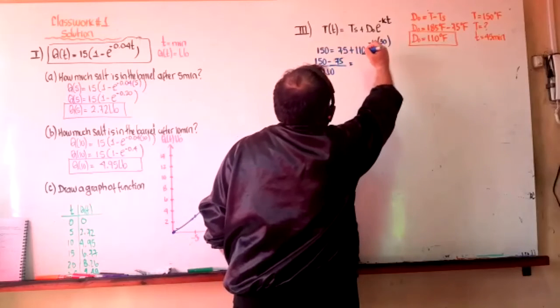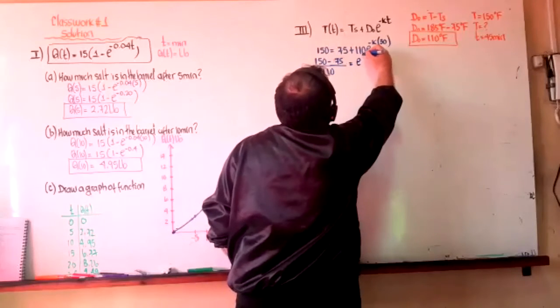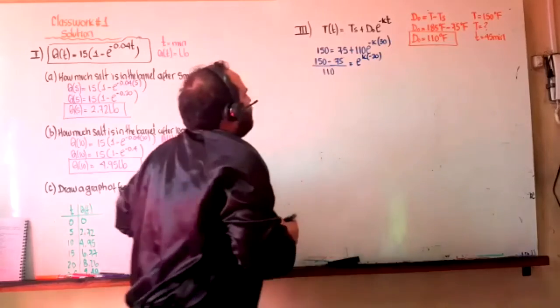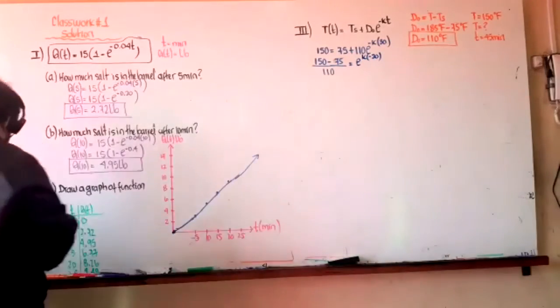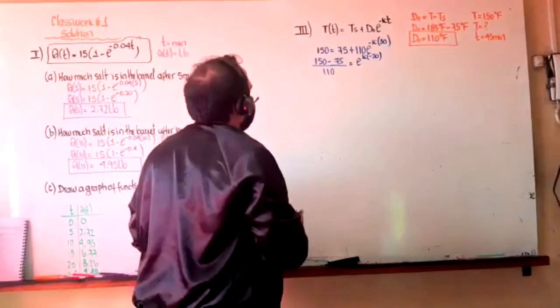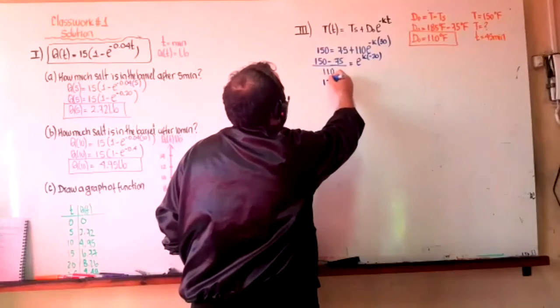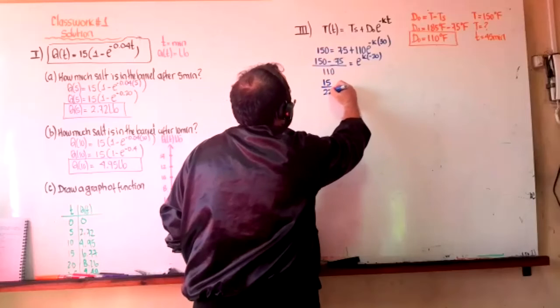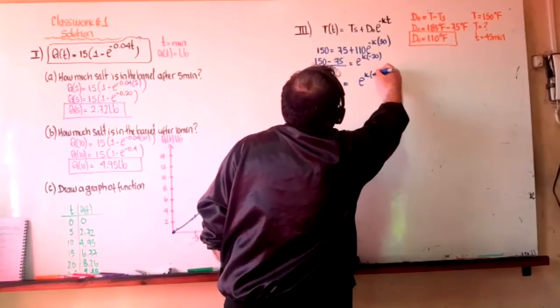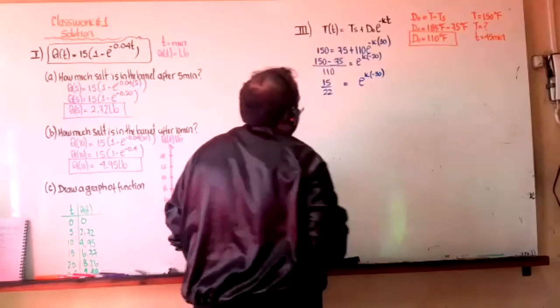This is going to be equal to e to the K times negative 30. So subtracting both elements, we got 75 over 110, which is 15 over 22. 15 over 22 equals e to the K times negative 30.